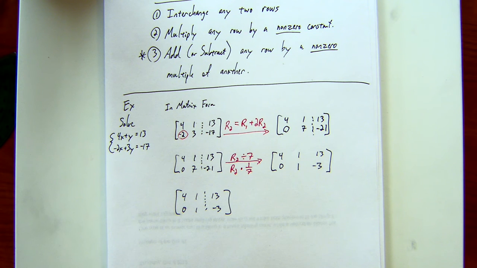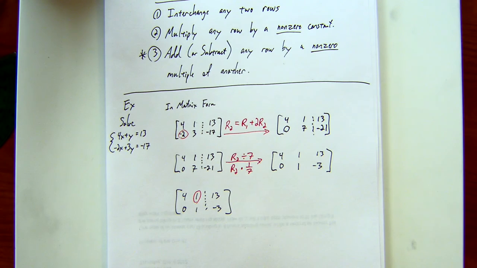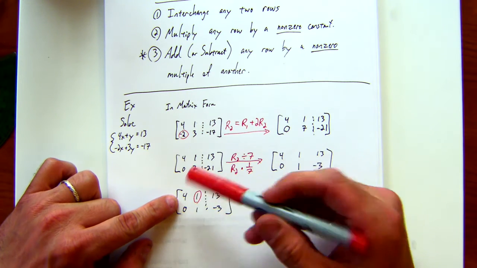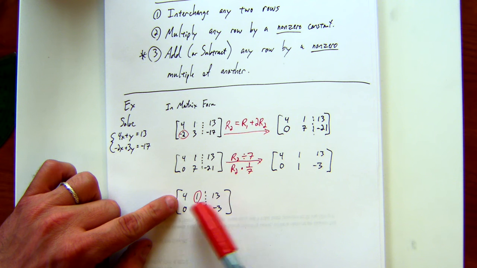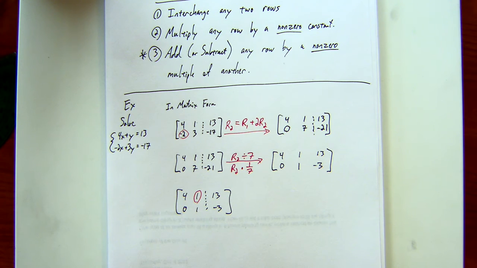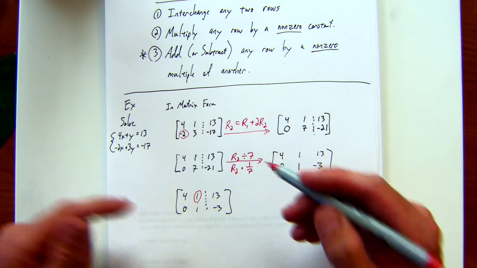I think it'd be easier to make this one a 0 first. Because if I wanted to make this a 1, what will I have to do? Divide by 4, and then I'm going to get these fractions here. Right? So to avoid some of the fractions, or at least try to, you may not always be able to, I can think of this is going to be easier to make this a 0 first by doing what?